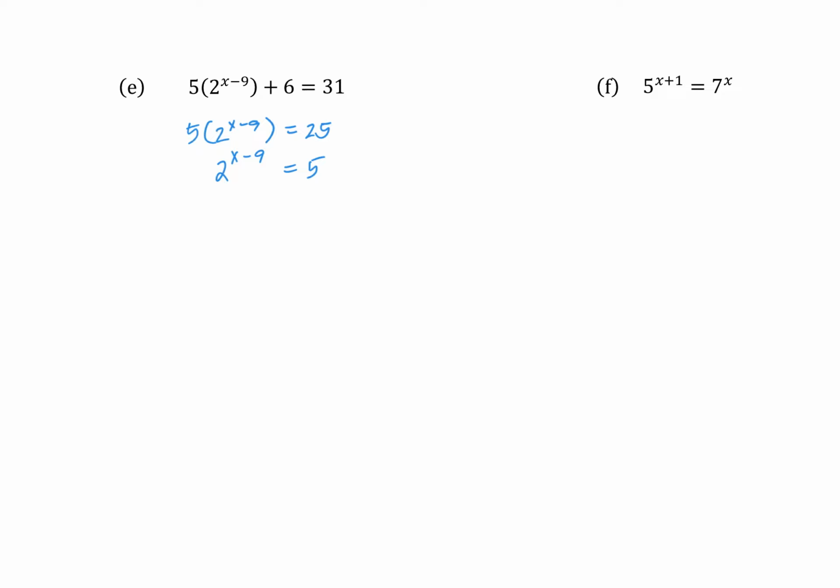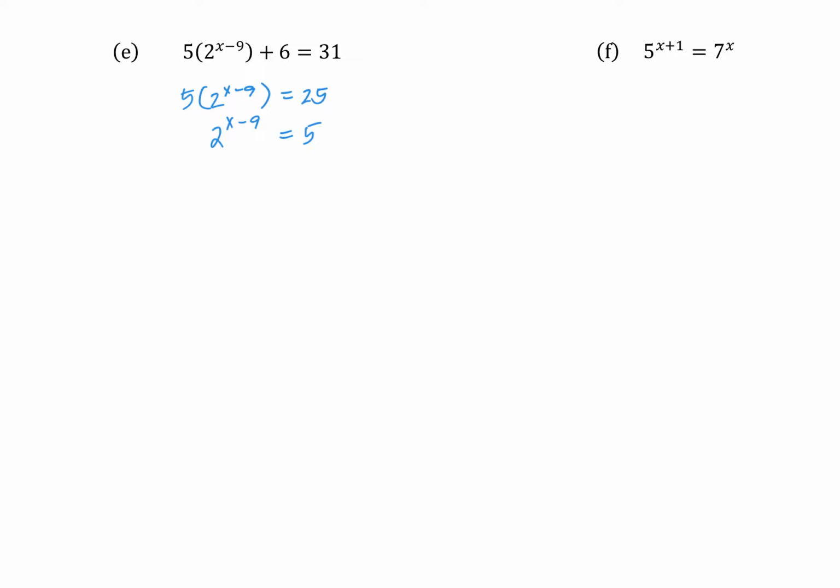So now I've simplified as much as I can. Base 2 and 5, no way I can get that to match, so I can either log or natural log both sides. Again, I usually choose natural log. I'm going to log both sides this time just to show you what your book prefers. And if I log both sides, I can now use that property 7 to take the exponent x minus 9 out in front of the log of 2. So parentheses x minus 9 times log 2 is equal to log 5.